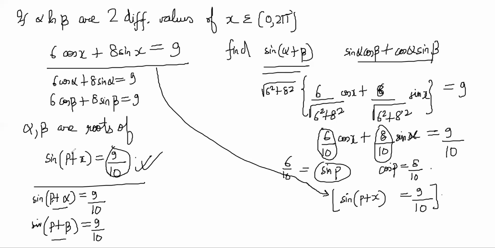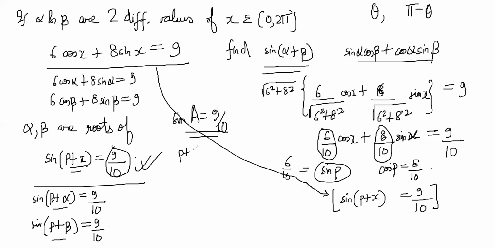So the angles that satisfy this should have a relationship: theta and pi minus theta. Suppose sine A is equal to 9 by 10, you would have two angles that satisfy it. One angle would be from 0 to 90, another angle would be 180 minus that angle.